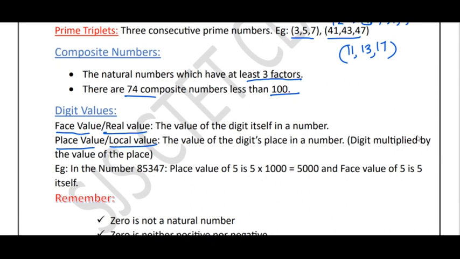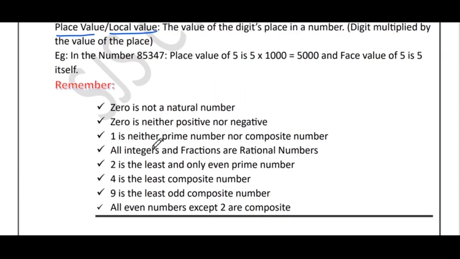Place value means local value, that is, according to the place. So 5 is in the thousands place, so the place value of 5 is 5,000. And what is the face value or real value? That is the number itself, that is 5 itself. So the place value is 5,000 and the face value is 5 itself. So please note down the digit value related things.